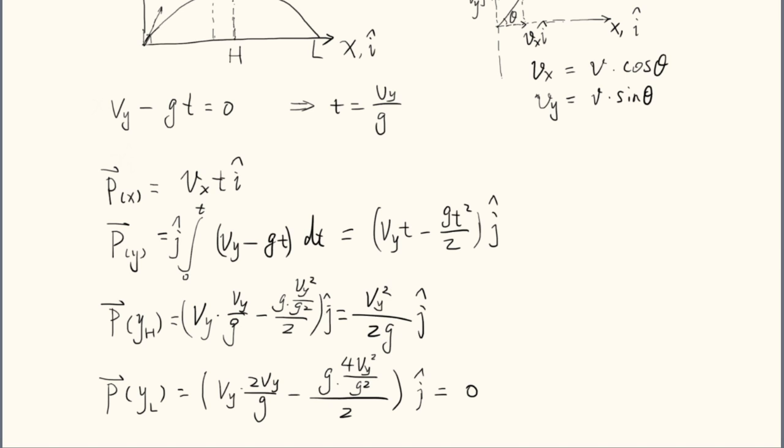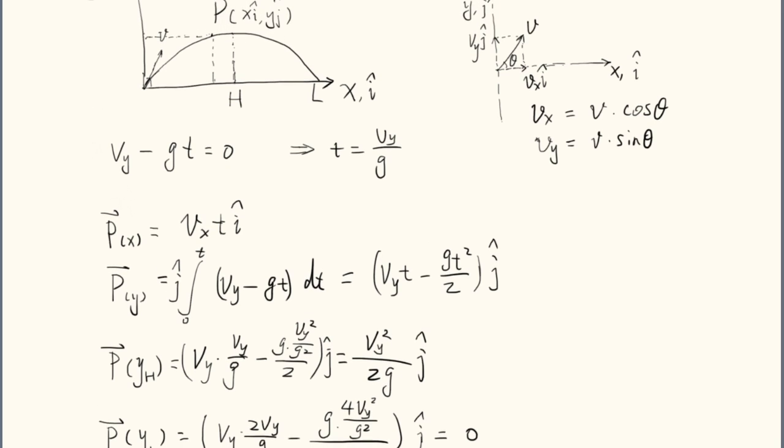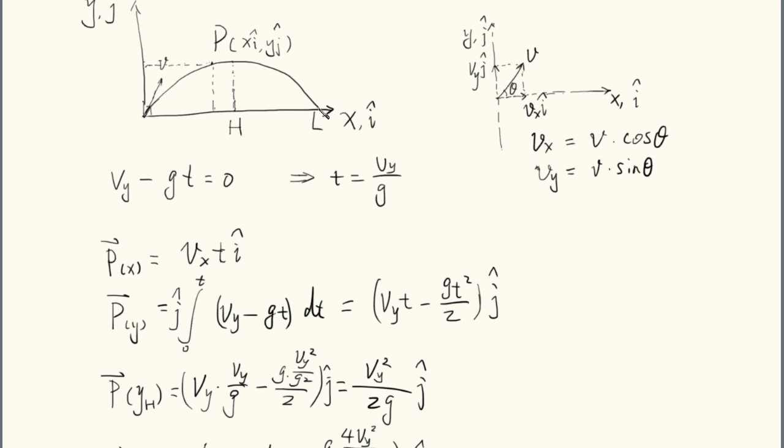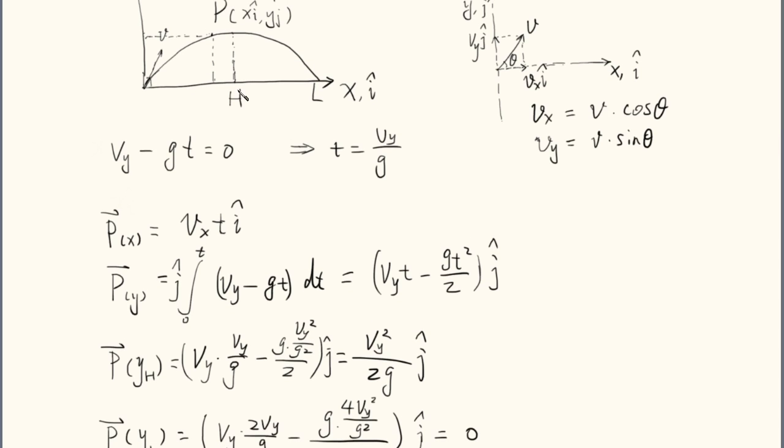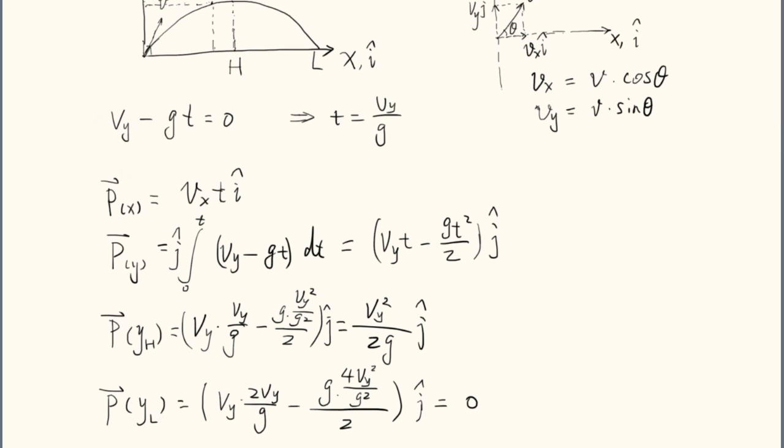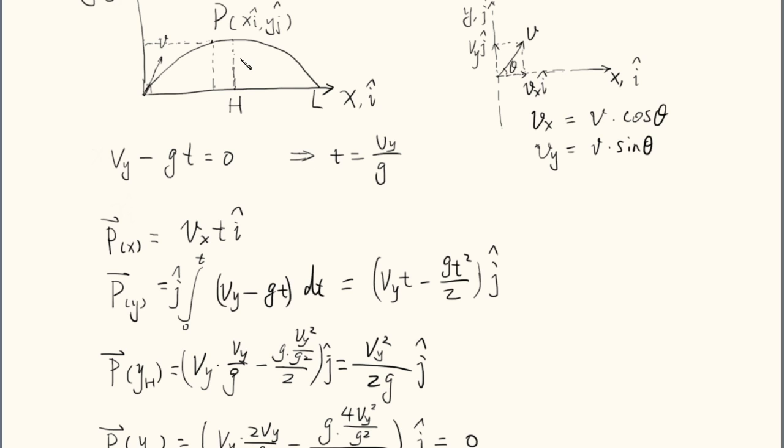And when the object falls on the ground, the time spent will be 2 Vy over g, twice the time spent to arrive at the highest point. So this is symmetrical. The time spent to arrive at the highest point and the time spent to reach the ground is the same.